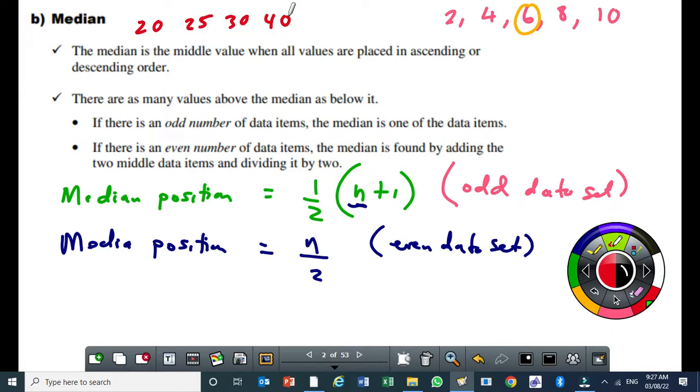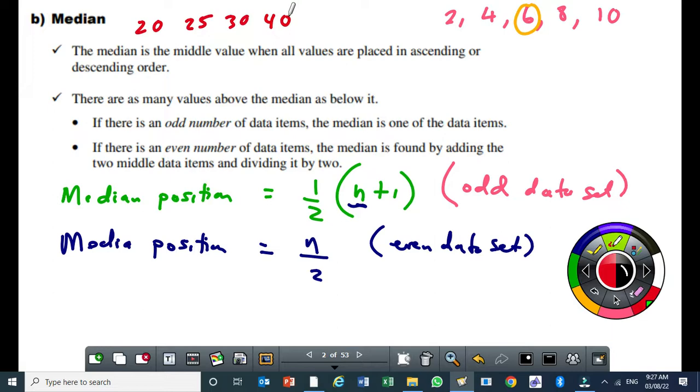What answer would you give? 2. So you add the two middle values, then you divide by what?